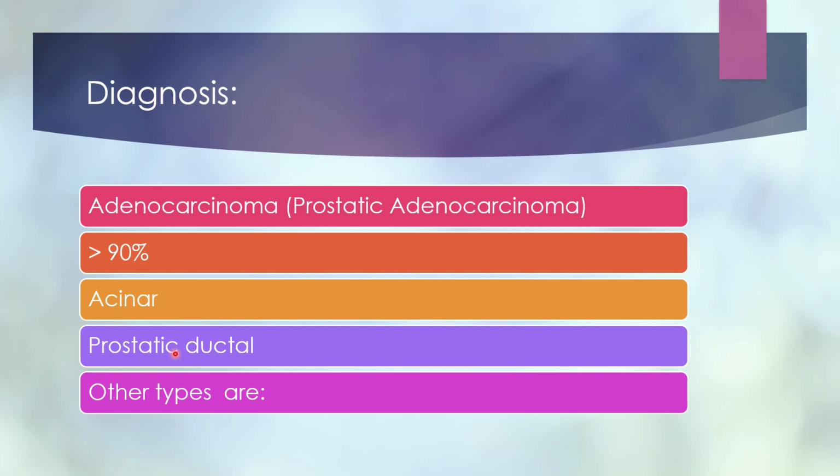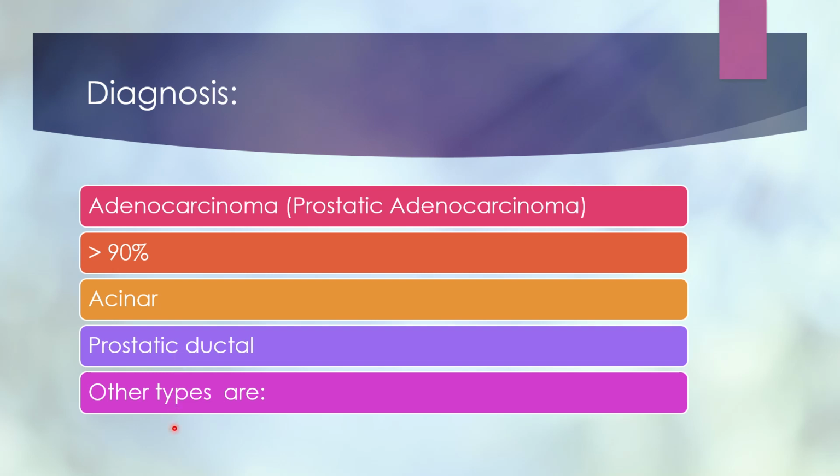If you have prostatic ductal adenocarcinoma, your PSA may not be high, yet you have a very dangerous cancer, more dangerous than the Acinar. Therefore, it is pretty easy to miss the diagnosis of prostatic ductal adenocarcinoma.